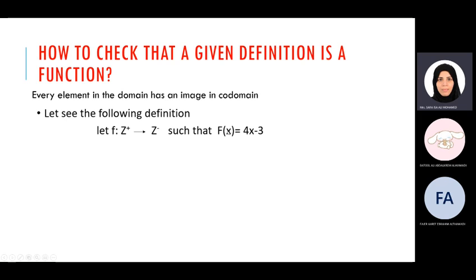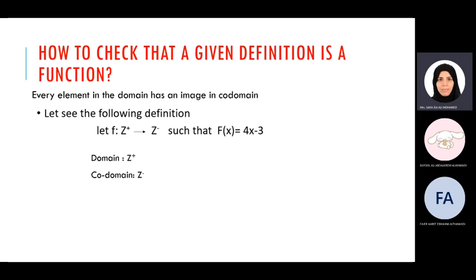So I go to f(1), for example. I substitute here, and I will get 1. Does 1 belong to Z minus? No. So this is not a function. It would be a function if it were from Z to Z, but it is not a function because the domain is Z plus and the codomain is Z minus.